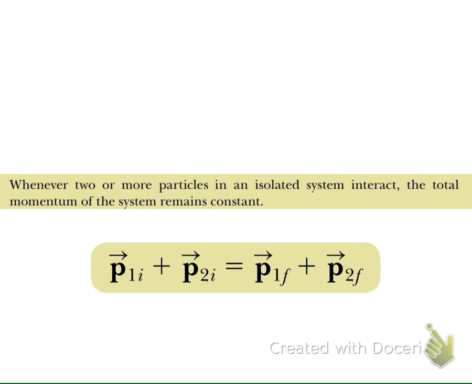So if you consider the momentum of the system at the initial time Pi and in the final time Pf, the momentum of each particle may change, but the total momentum of the system, which is the summation of the momentum of each particle, will not change in time. So we have P1i plus P2i is equal to P1f plus P2f.